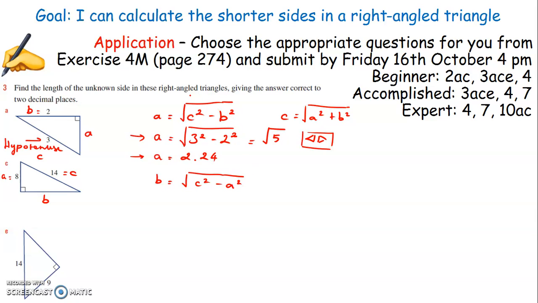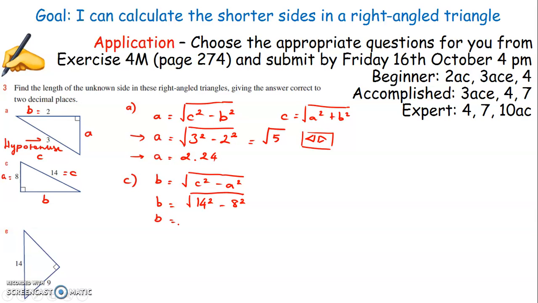As you can see, this one and the previous one are very similar to each other. So we're going to put in the numbers. C is 14, so 14 squared minus A, which is 8, so 8 squared, and do not forget the square root sign.